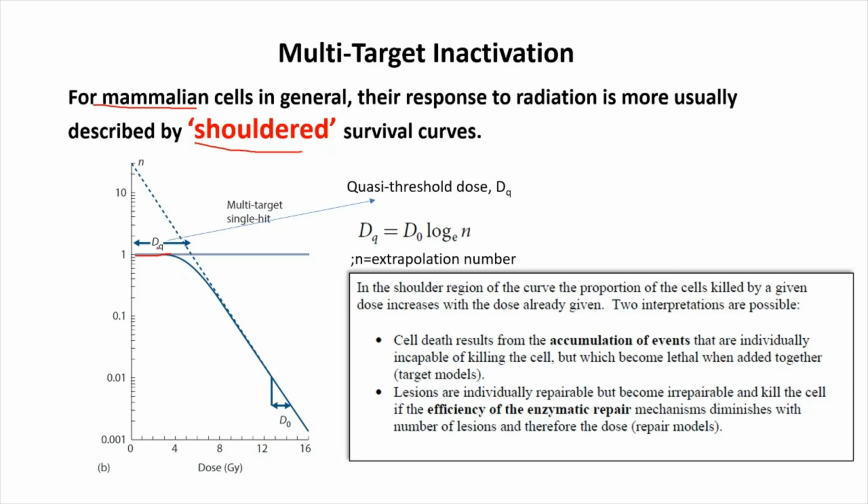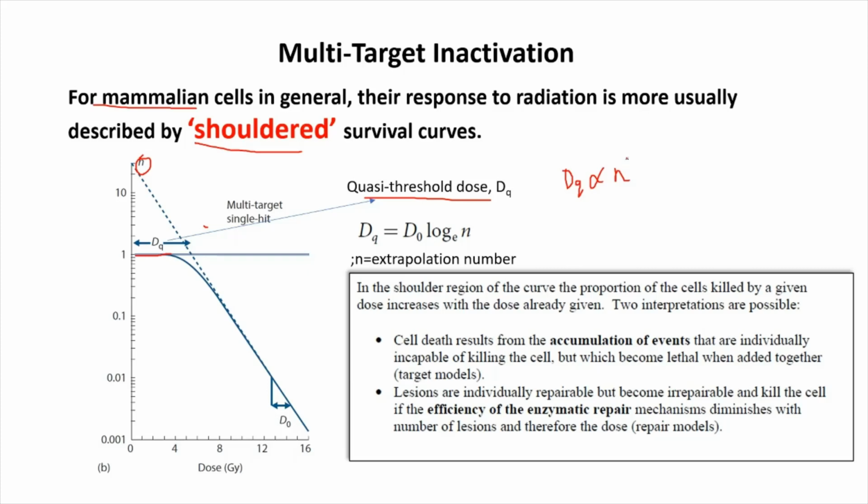So we can see that Dq over here, we call that Dq the threshold dose, or the quasi-threshold dose, and this quasi-threshold dose is related to n by Dq equals D naught log n base e, where n is what we call the extrapolation number. So this Dq depends on n. If Dq is large, n will be large.